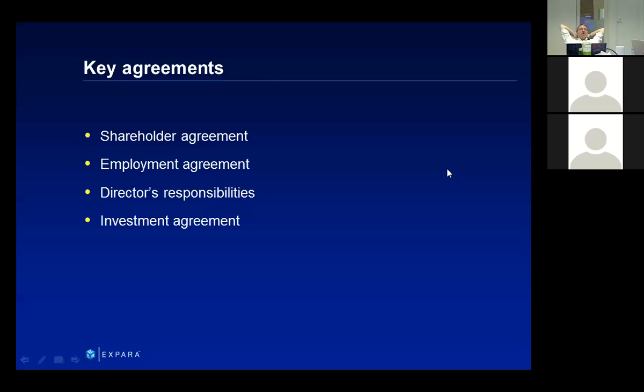We'll talk about this later also in investment terms, but every founder and every employee, if they have shares or options, should have a vesting schedule that clearly sets out when they get to keep their shares, under what circumstances they keep shares, under what circumstances they have to give back shares. So this is the type of thing that will get handled in the employment agreement and shareholder agreement.